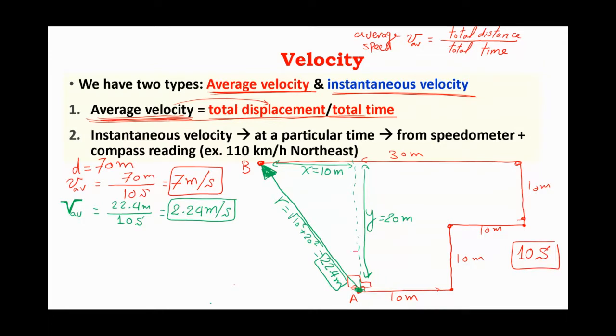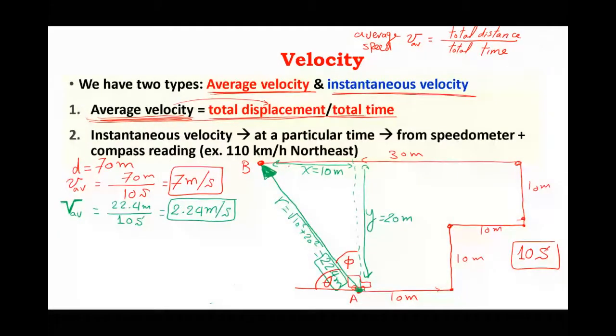Somebody might say, I will find this angle phi. Somebody else might say, I will find this angle theta, and they are equal. So it's up to you. You can find the angle phi or angle theta. Which angle do you prefer?